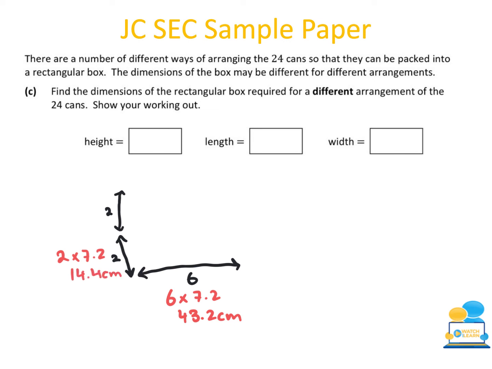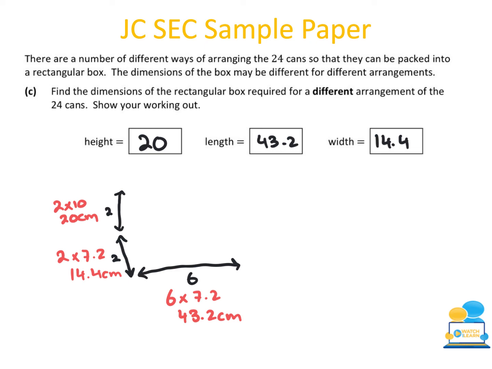And then my height was 10 for each cylinder, so I have 2 going up. That would be 2 multiplied by 10, which would be 20 centimetres. So that would give me the dimensions of a different box or a different formation that I could keep the 24 cylinders in. So say my height is 20, my length is 43.2, and my width is 14.4.